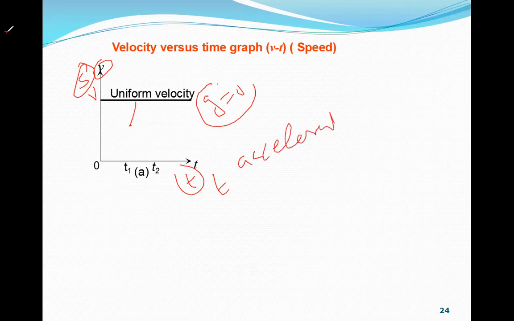Then it means the acceleration will be 0. What about the velocity? The velocity will be constant.